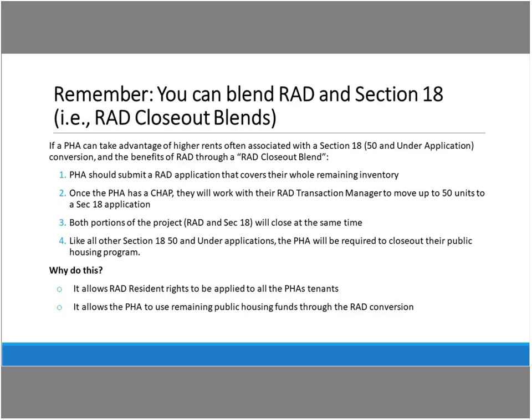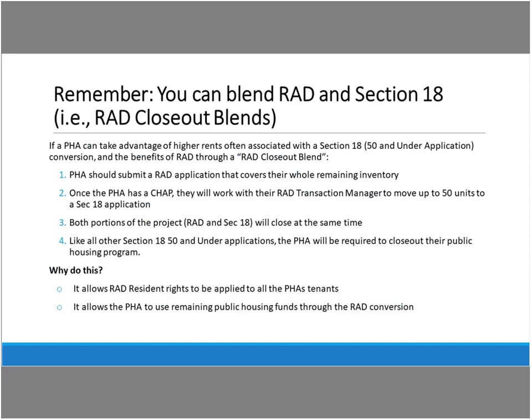And then this last slide talks about this new aspect, which hasn't maybe gotten as much attention as some of the others, but we want to make sure you keep this in mind. It's the RAD Section 18 closeout blend.